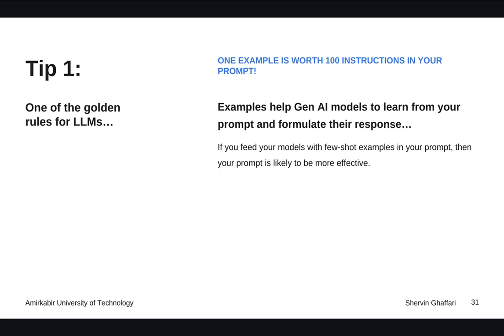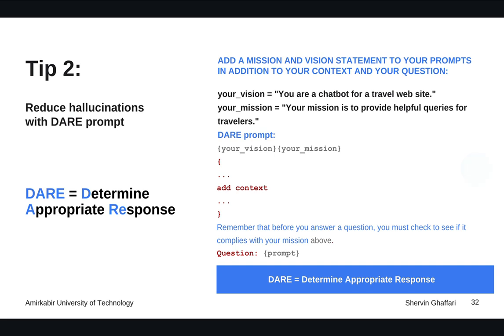Giving an example is worth 100 times more than the instructions. It can teach the model how to learn, how to think about the problem, and how to formulate the response. And this can be done using few-shot examples, and the prompt is likely to be more effective.